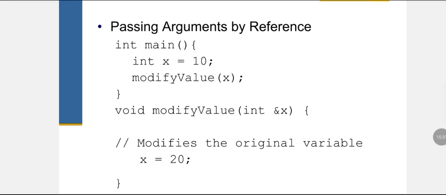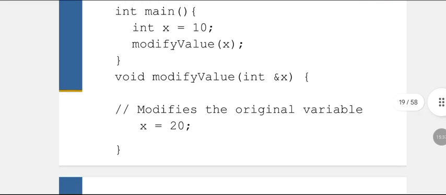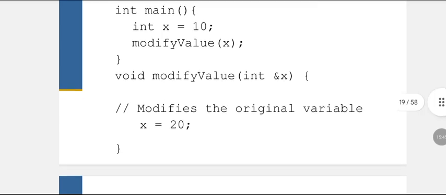Then you can see at the downside of the data type, we have the modified value, that is the x. Then we have void modified value, so the int, then the reference x. Then see our comment, we have modifies the original value, that the x equals to 20.